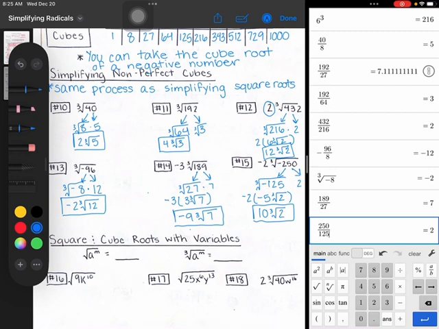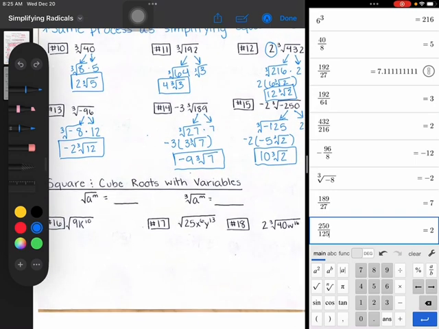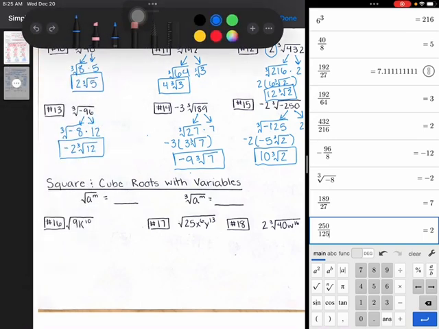Okay, so last thing is I'm going to show you an example of what it looks like to take a cube root with a variable. We might see this a ton, but this is not really what we're going to focus on. We more need the algebraic, but I want you to be exposed to it. So anytime that we're taking a square root and we have a variable underneath, it's like we're doing the radicand, and then m divided by 2.